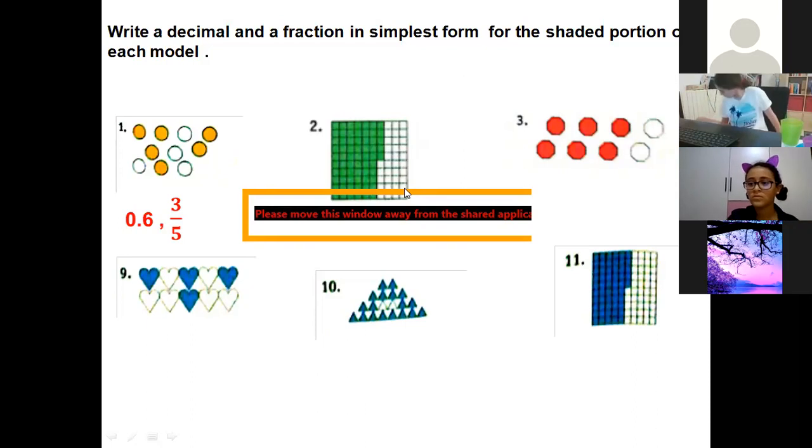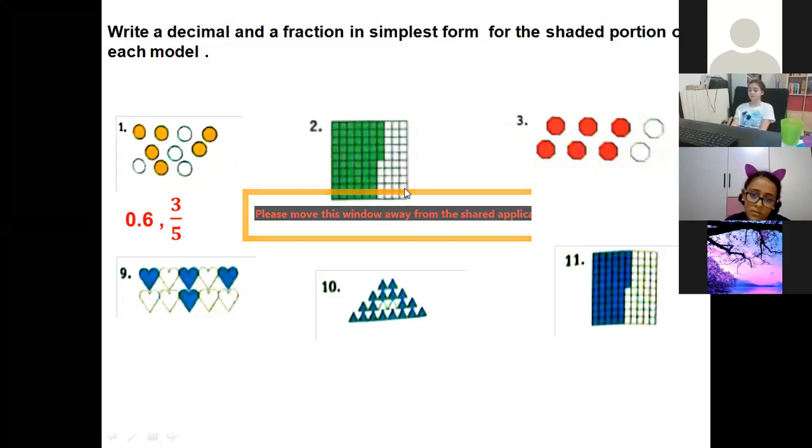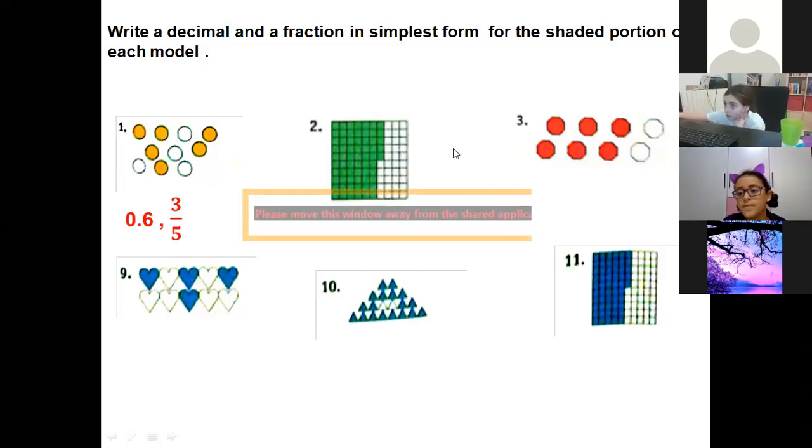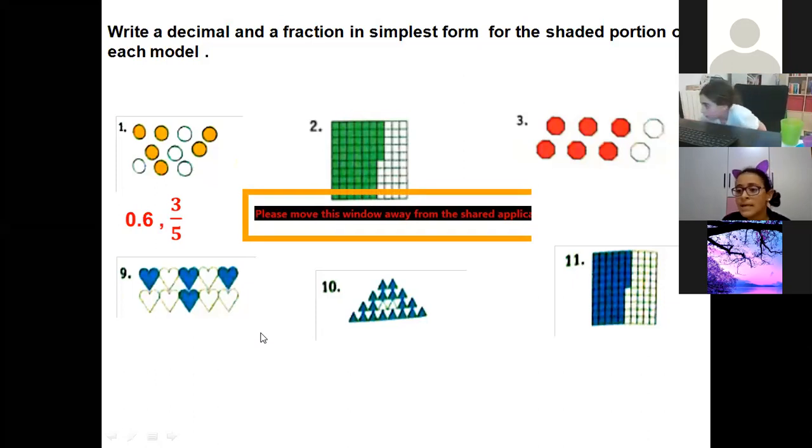I forgot. Do you have a whole number? No. So it's 0 point. How many spaces do we need after the point? 2. What do we write in these 2 spaces? 65. Okay, so it's 0.65.